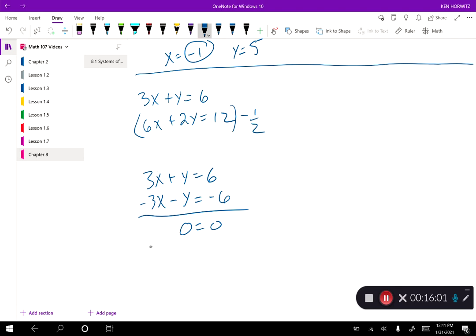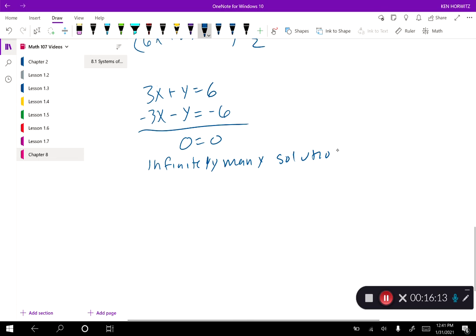So I would write that and just leave it like that. You can use something called parametric equations to get a more exact solution. I'm not into that. Just write infinitely many solutions, and I'm okay with that.